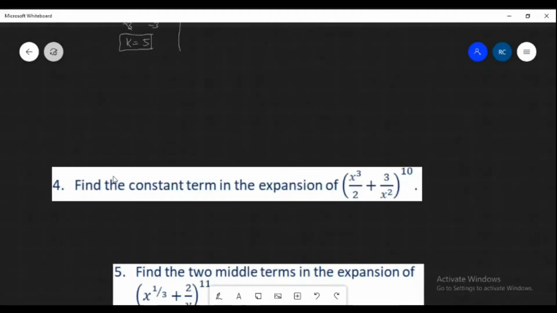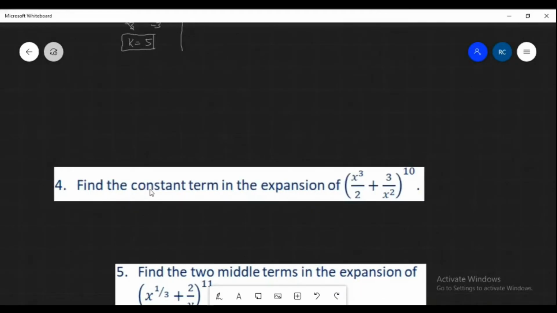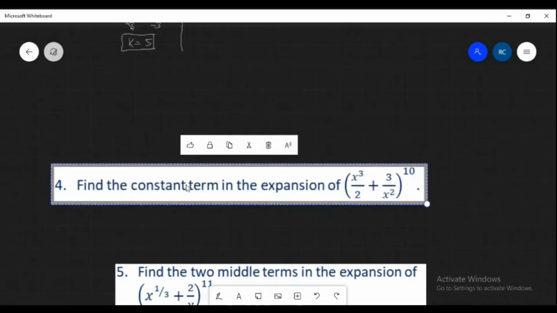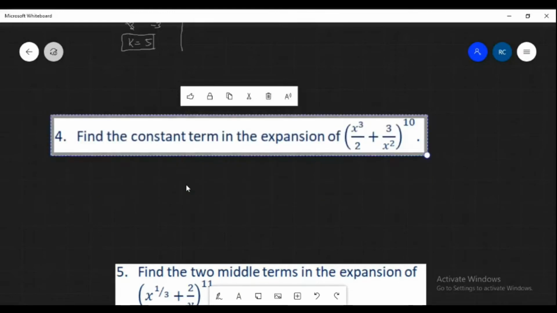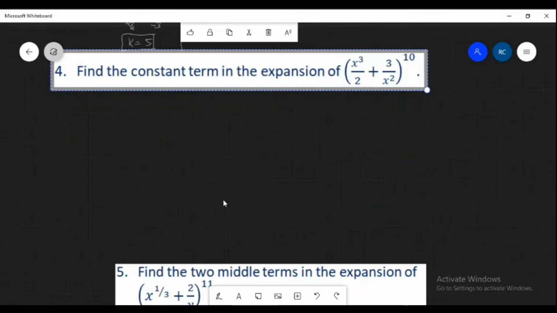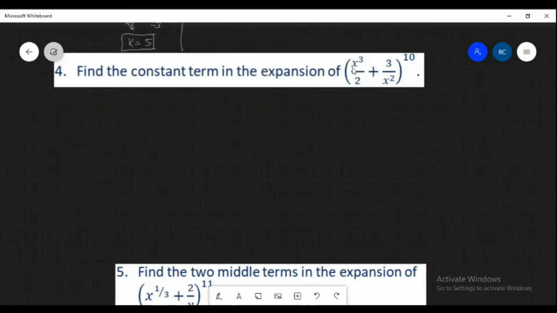Number 4 problem is, akyat lang natin kasi may space pa naman. Okay, find the constant term in the expansion of x cubed over 2 plus 3 over x squared raised to 10.